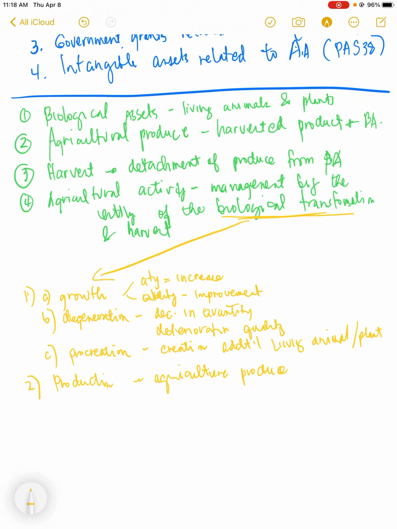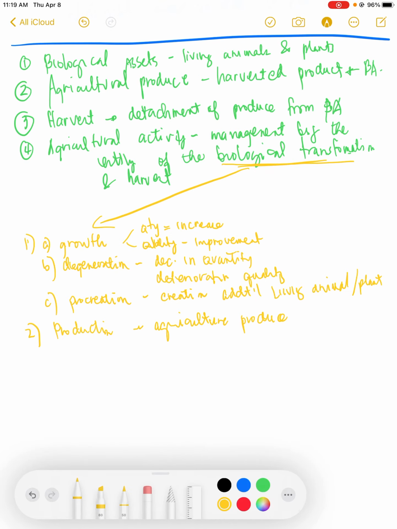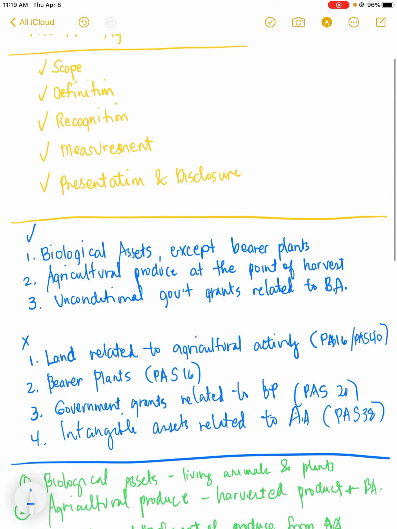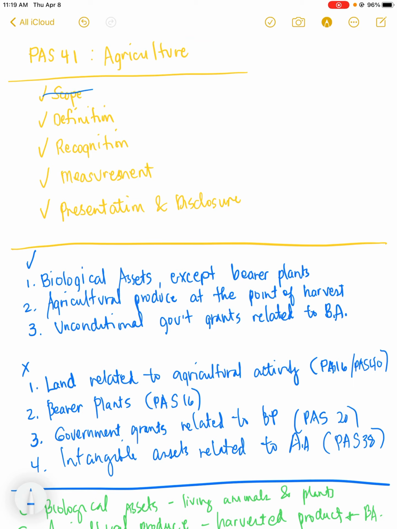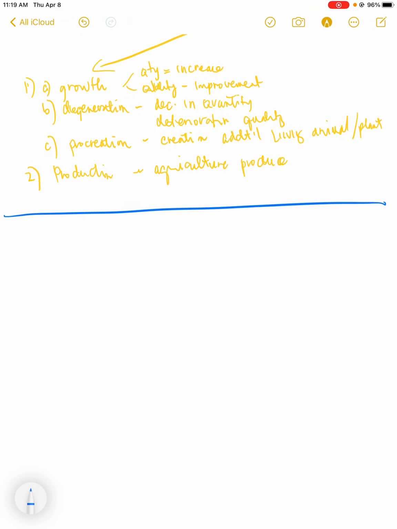Okay, so those are the terms that we need to define in order to understand better the concept of PAS number 41. Okay, now let's go to, so we are done with the scope, we are done with the definition. Now let's go to the recognition of the assets under PAS 41.